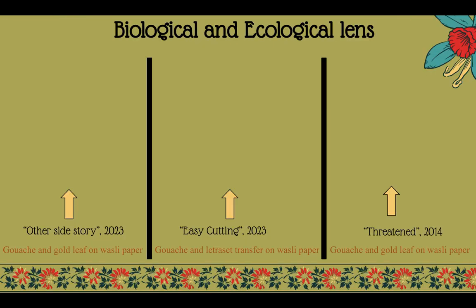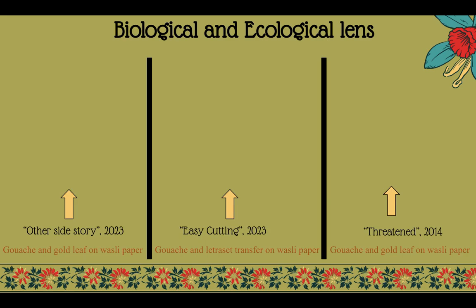Now, his lens focuses on ideas related to biology and ecology. Most of his work connects art and science by depicting cycles of growth, decay, and we can say plant life. His use of natural motifs like flowers and leaves, which we will see more later on in this presentation, allows him to explore the stages of life.